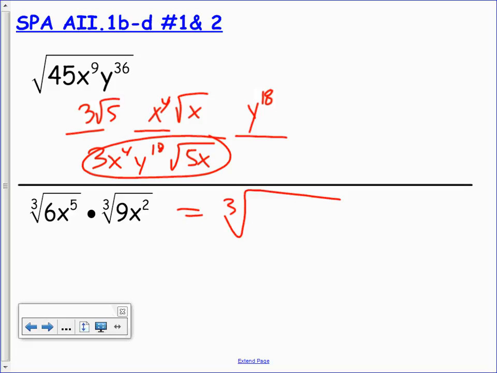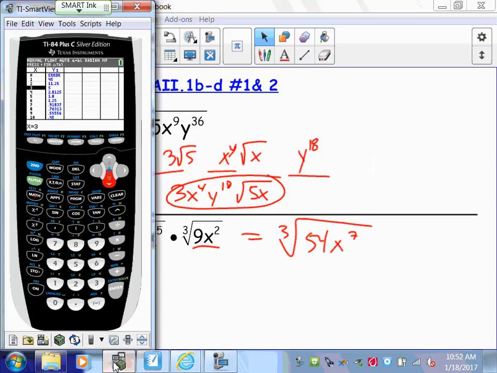Here we go. Multiplying these two together, the insides multiply to the insides, so you get 54 x to the third. Then do the calculator trick with 54. So y equals 54 divided by x cubed, because you keep the radical too, cube root.